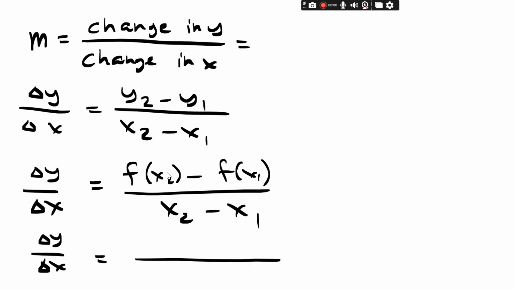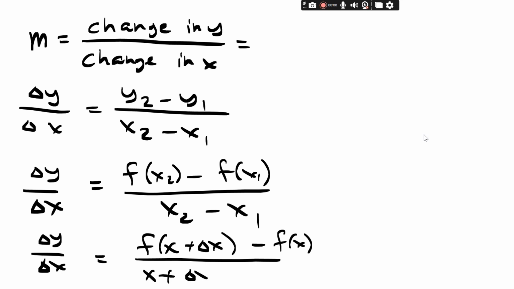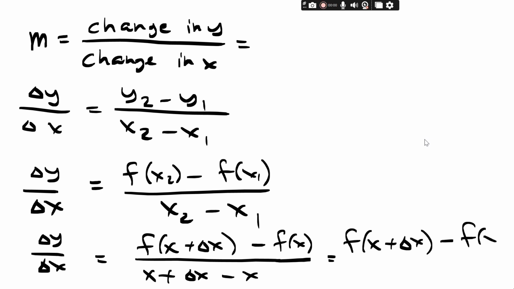This f of X2 now is X plus delta X, and this is f of X over what? Perfect. Okay, let's simplify this just a little bit more. On top, that has to stay the same. What's on the bottom? Just delta X.